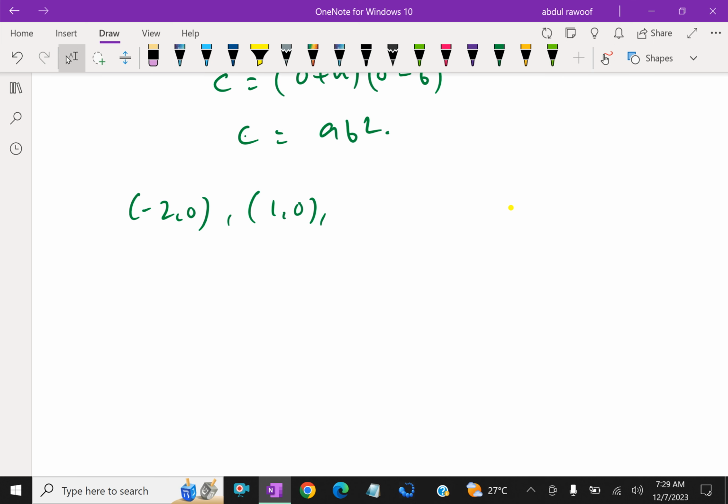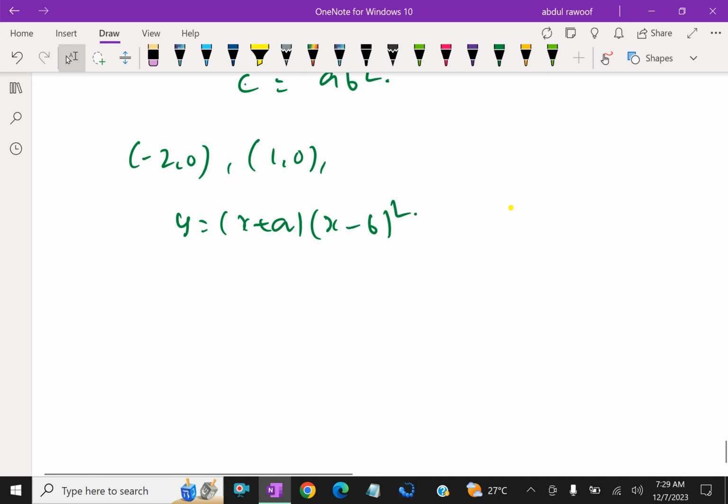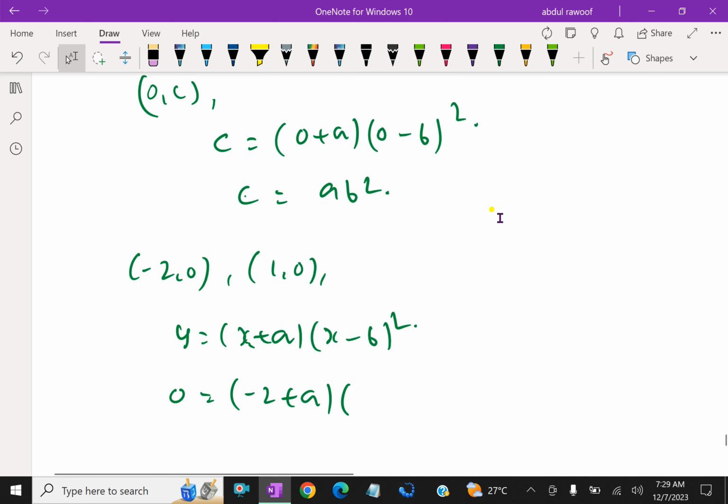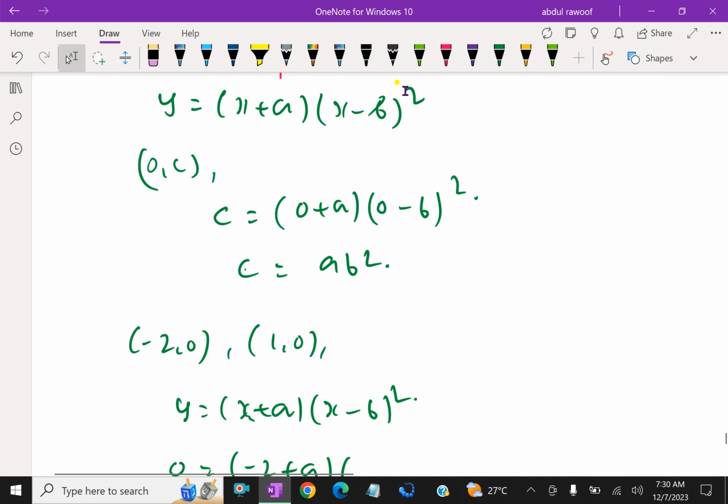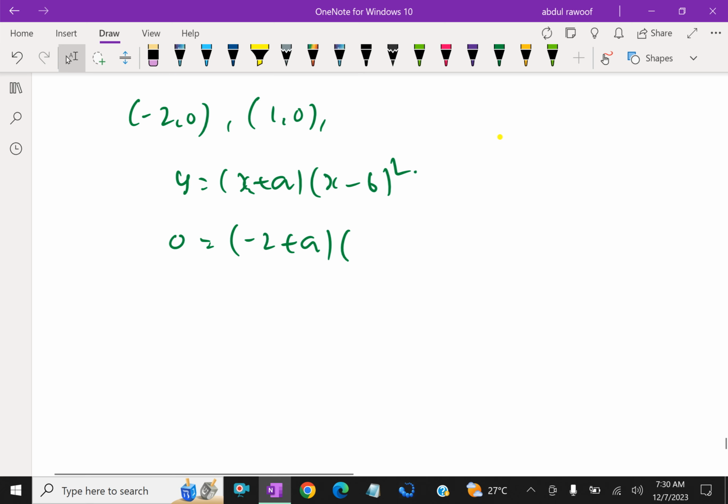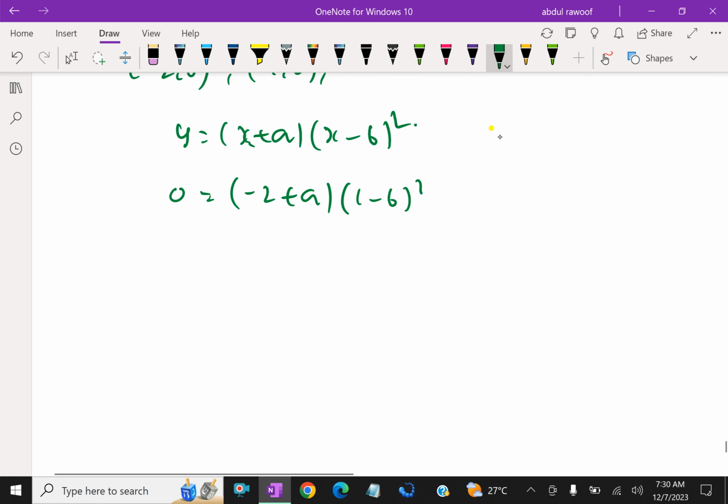Therefore, we can write the equation y equal to x plus a into x minus b the square. It's a repeating factor x minus b. Therefore, y equal to 0 when x is minus 2 and y equal to 0 when x is 1, because it's a repeating root. Here x minus b, 1 minus b the square.